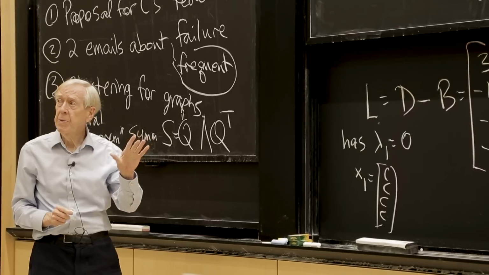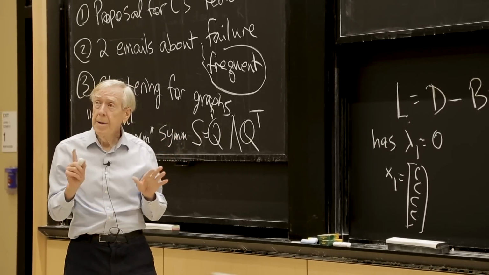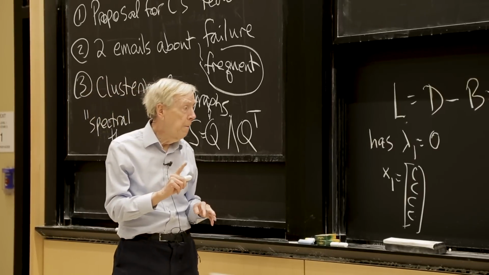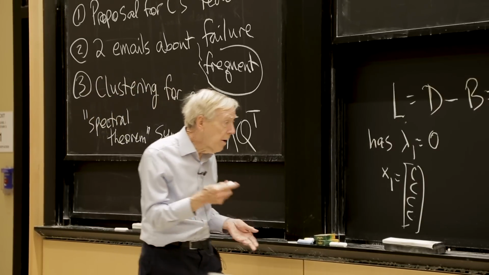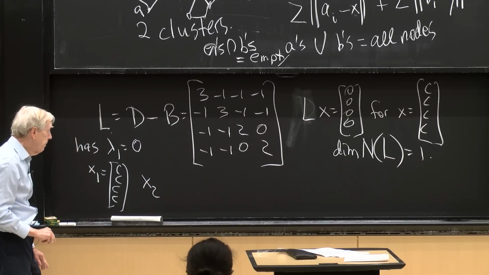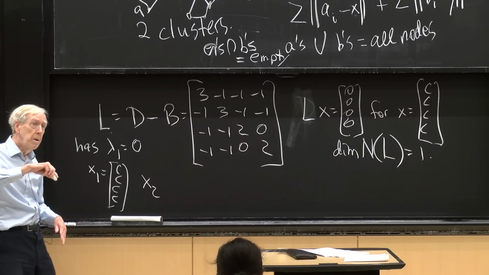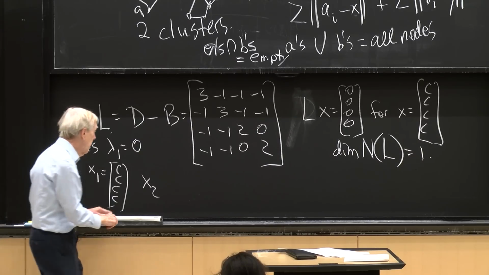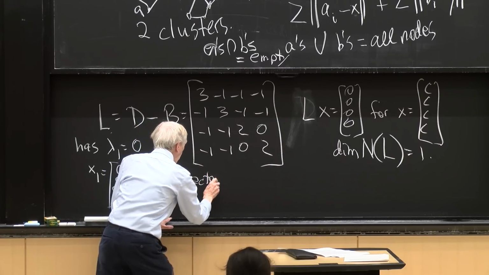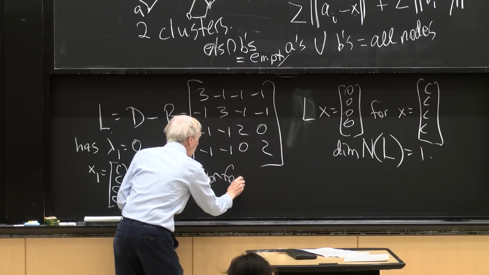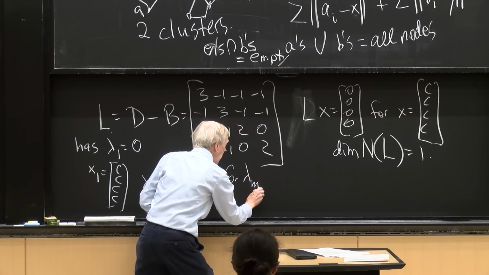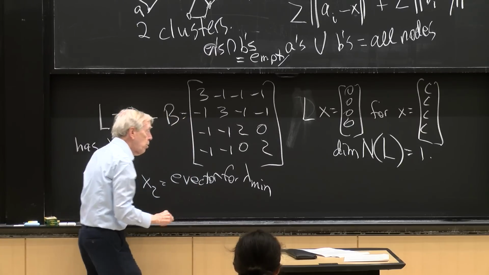Now, back to graph clustering. The idea of graph clustering is to look at the Fiedler eigenvector. This is called x2, the next eigenvector, the eigenvector for the smallest positive eigenvalue, for lambda min excluding 0.